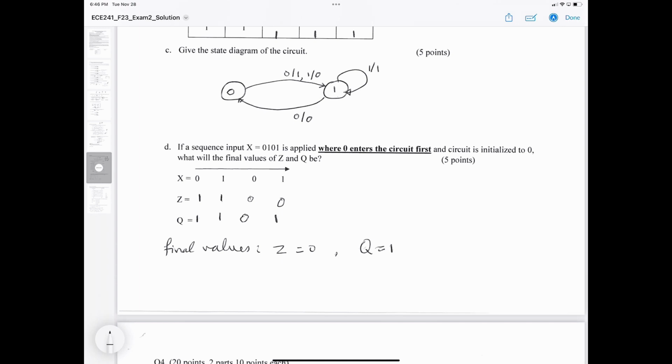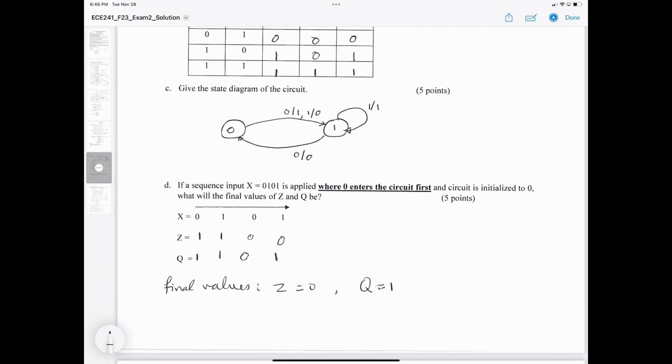Alright, if the sequence 0, 1, 0, 1 is applied, where 0 enters the circuit first, and the circuit is initialized to 0, what will the final values of Z and Q be? We're using this state table up here for this question. So you get a 0 coming in.